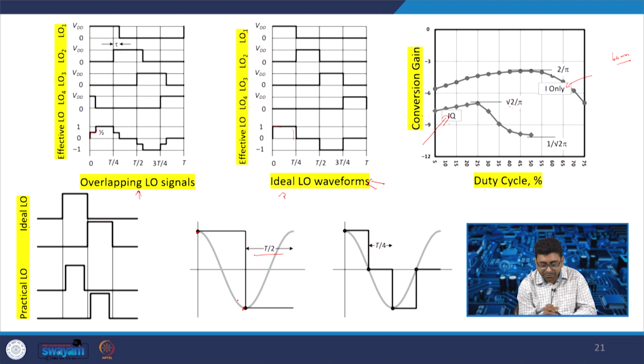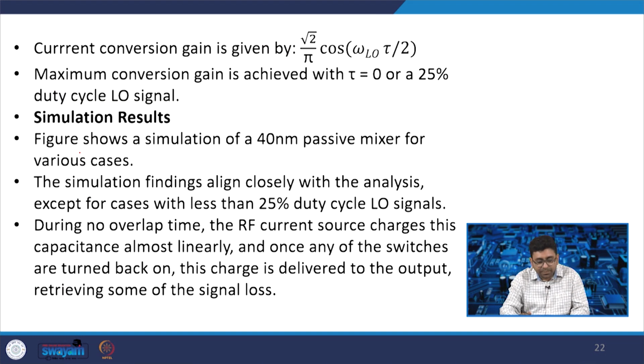If we use a 25% duty cycle, we are considering one point, another point, and so we are decomposing a more sinusoidal LO with the 25% duty cycle. So, it can consist of more points in the effective LO.